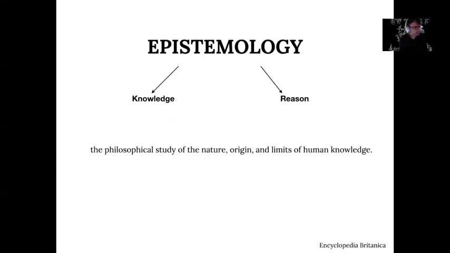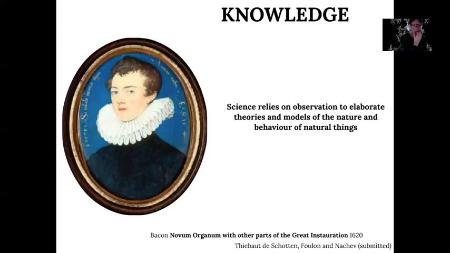Well, it's been defined by Bacon in the 15th century, explaining what is a scientific approach to build knowledge. It is relying on observation to elaborate theories and models of the nature and the behavior of natural things.